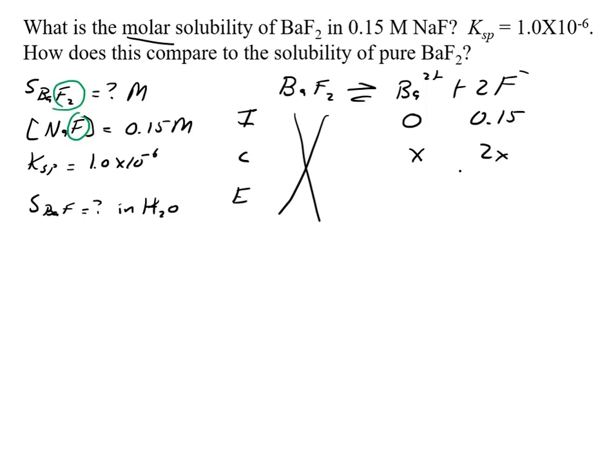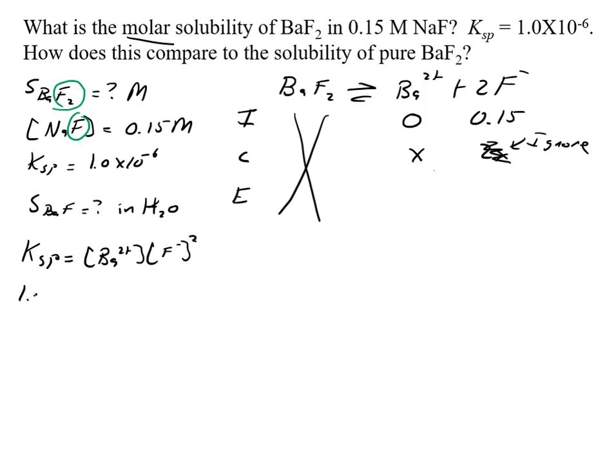Now, we did these problems in chapter 16 also with buffers. Anytime I have an initial concentration of either one of my ions, then I basically can ignore the 2X there. So my KSP is going to equal my barium concentration times my fluoride concentration squared.